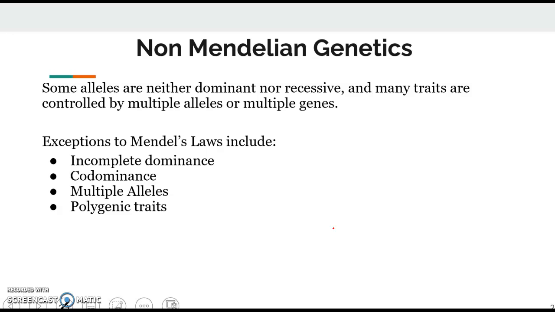But some alleles are neither dominant nor recessive, and many have traits that are controlled by multiple alleles or multiple genes. So there are some exceptions to Mendel's laws, and those are incomplete dominance, codominance, multiple alleles, and polygenic traits.